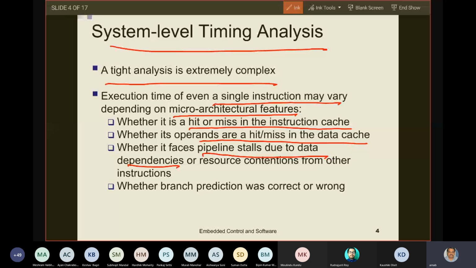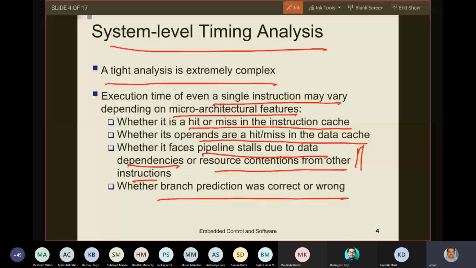What processors do is try to predict which path will be taken. Why do they predict? Because depending on that prediction, it starts execution of the next instruction on the path that it predicts. But if your prediction is wrong, you have to backtrack. Suppose you have partially executed the next instruction by predicting that your branch will be true, but actually the branch is false.